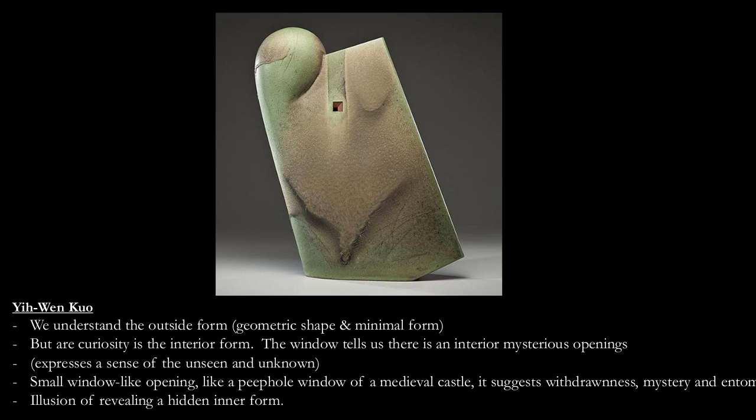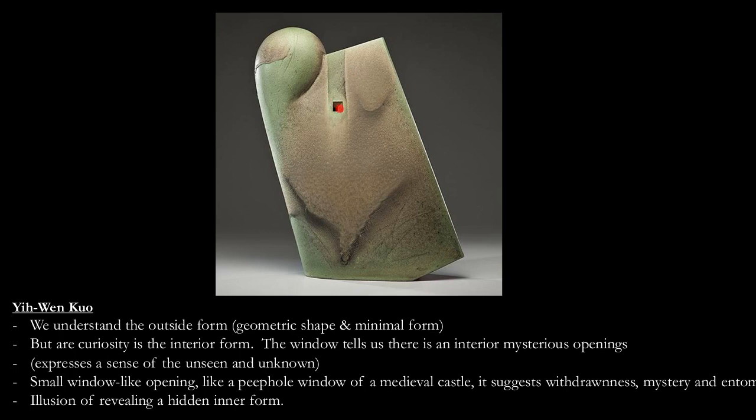This is Ewan Cole's work. I really love this. It's a great example of internal versus external form. We understand the outside form: it's a geometric shape with a minimal form, right? That's the external form. But we're more curious about the internal form. The window tells us there is an interior mystery opening.